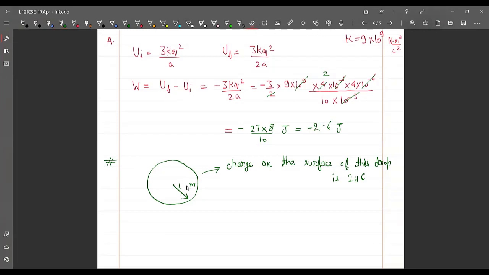Or let me take another one. Charge on the surface of this drop is, let us say, 2q, and the radius is, call it, 8r.